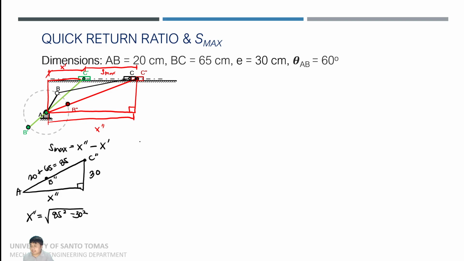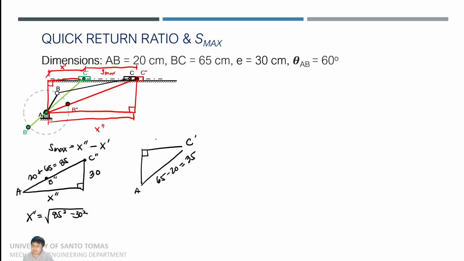Okay. And then for the other triangle here, as you can see, this is also a right triangle. So we can notate this one. This is point A, this is C prime, and then the right triangle. We know this length here is the difference between AB and BC. So we can write here 65 minus 20, that is 35.